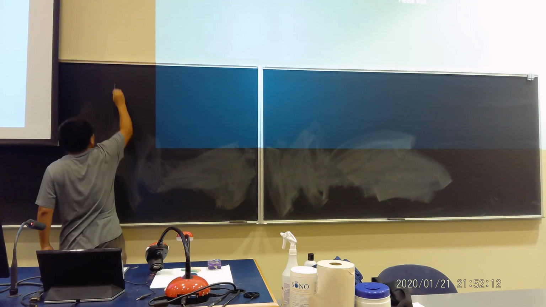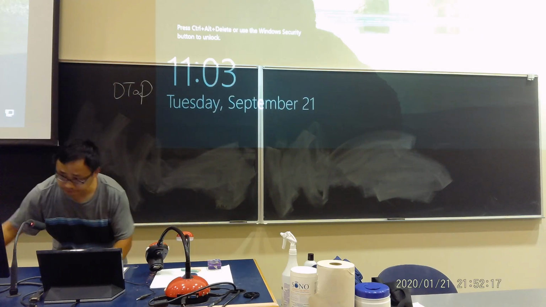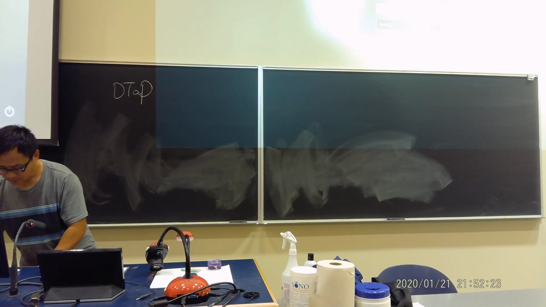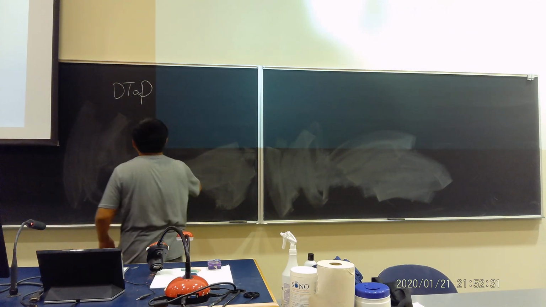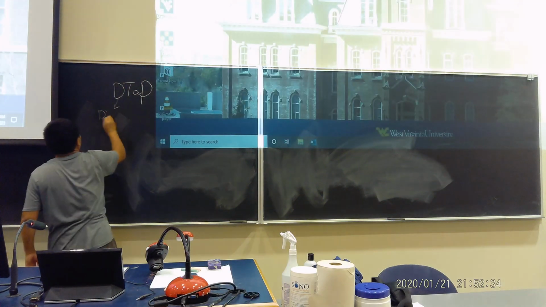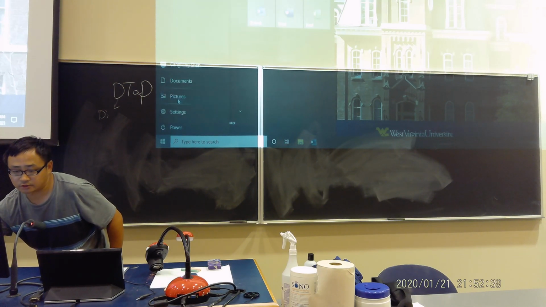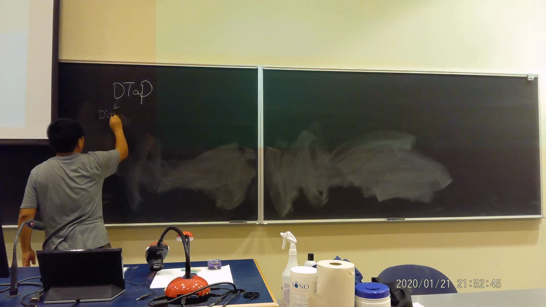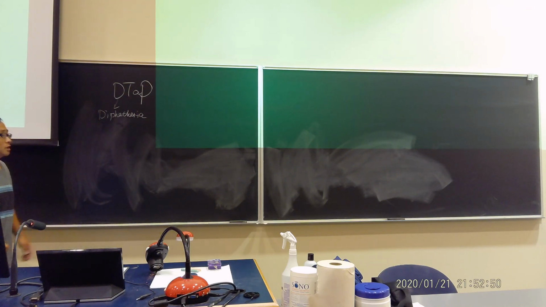So what we talked about is DTaP. This is diphtheria, which we talked about.